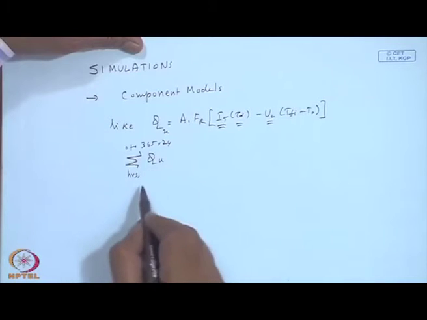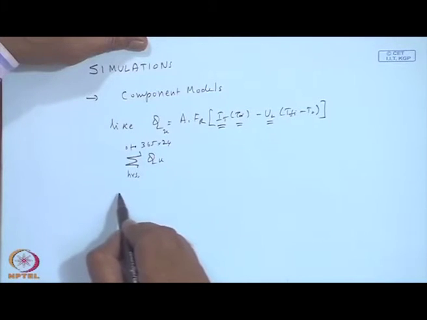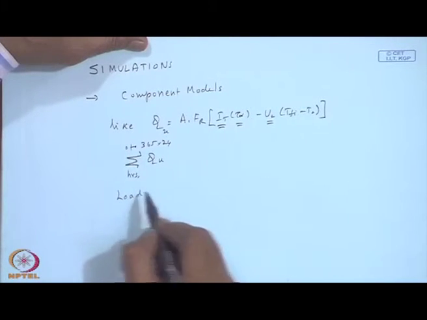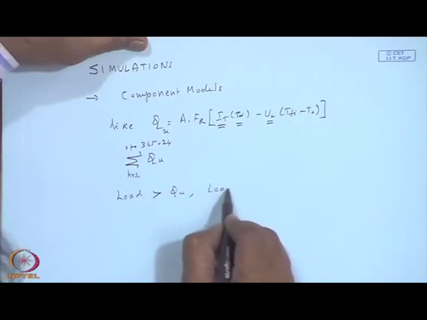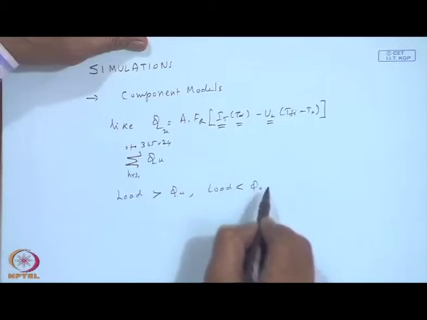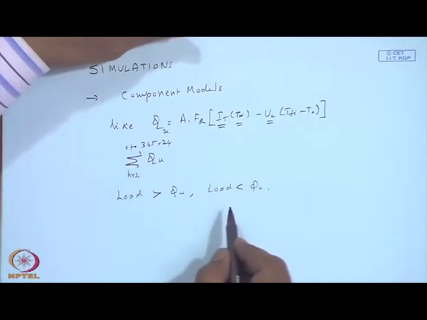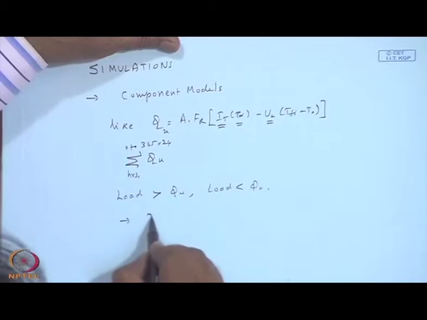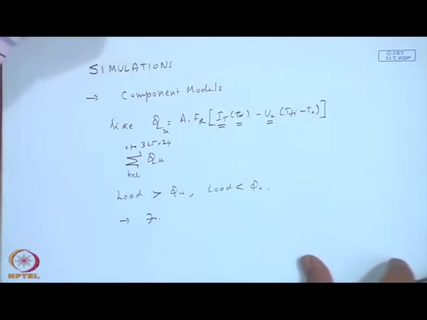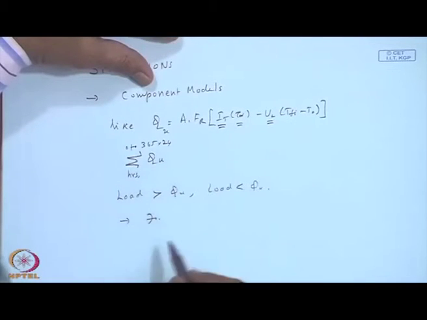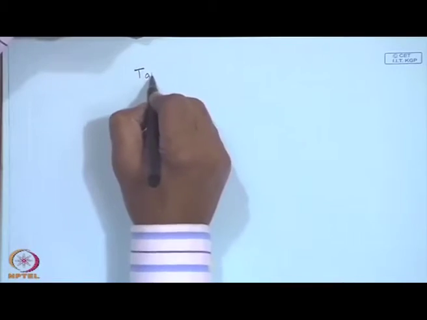Then I will also take care of the fact whether the load is higher than Q_U or load is less than Q_U at every instant or a day or a month. Then finally, compute this F. Then I may have to add other component models, like for example, a storage tank.